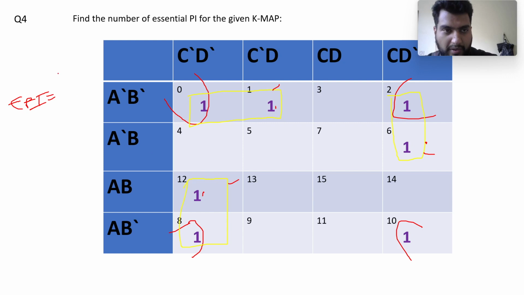So the number of essential prime implicants is simply equal to 4. We can also say that the terms remaining in our final solution are our essential prime implicants. So here we have 4: this one, this one, this one, and this one.